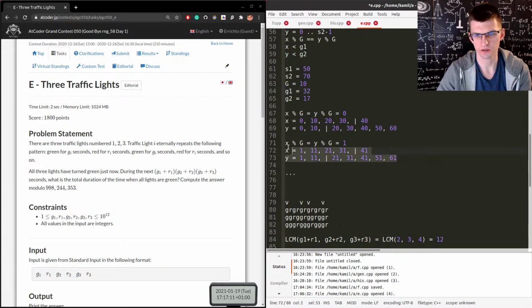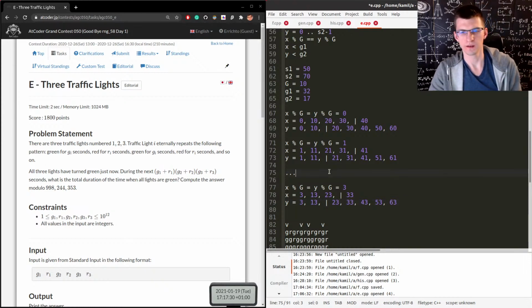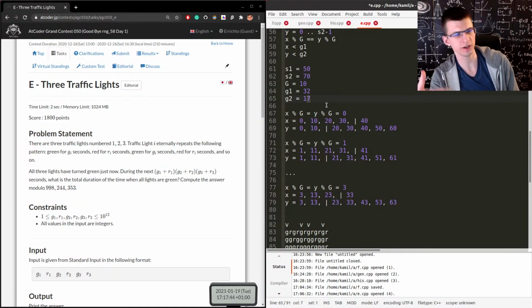When I consider 3 modulo G, then I will have 3, 13, and so on, and this time only up to here we should count x's. But this shouldn't be a big deal. For every small remainder up to this value, 32 modulo 10, including that, we have the same situation. Then we have one fewer, and then up to seven something happens, and bigger than 7 there is this smaller count of available y's.